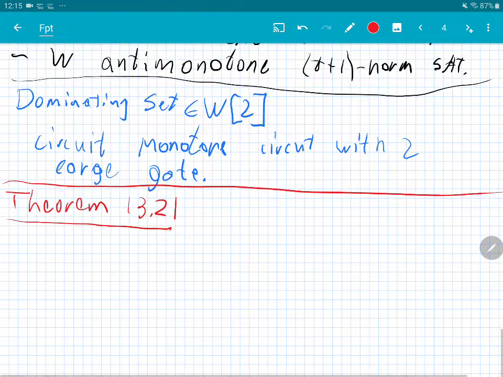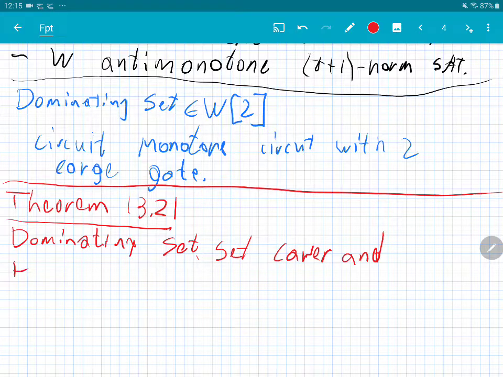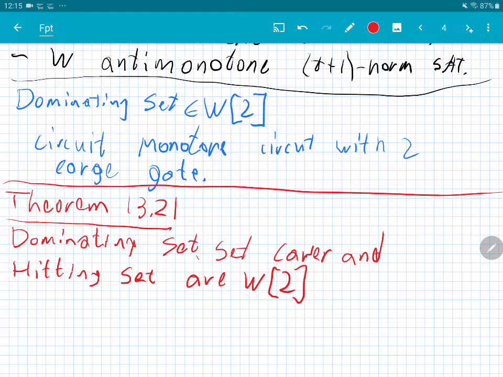This theorem says that dominating set, set cover, and what was the last one? Hitting set, of course, are W2 complete.